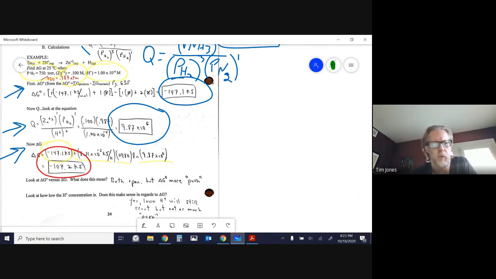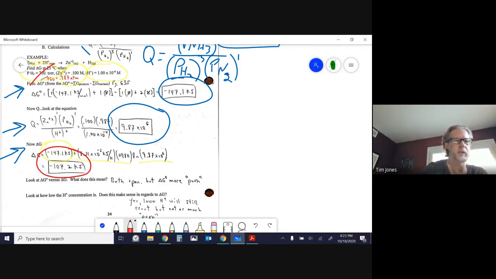That means it's more aggressive. And then I say, look at how low the H plus concentration is. Well, let's just take a look at everything else first. The pressure of H2 being 750, that's almost negligible, so ignore that. Zinc plus 2 being 0.1, okay, that's 10 times lower than standard, but that's not a huge difference.